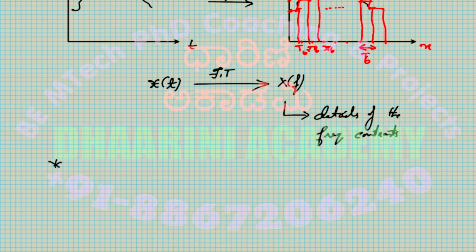That is called the PSD. The x of f is my fundamental equation, but I slightly modify the x of f to get the PSD, the power spectral density of your wave.